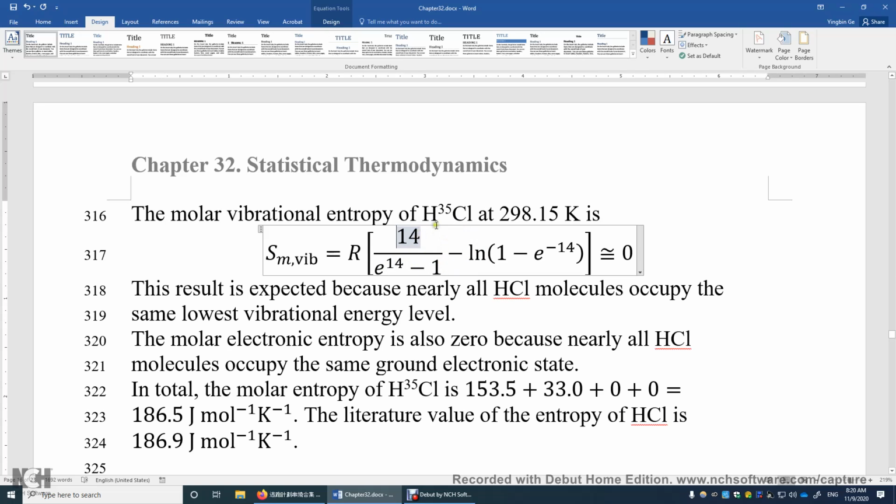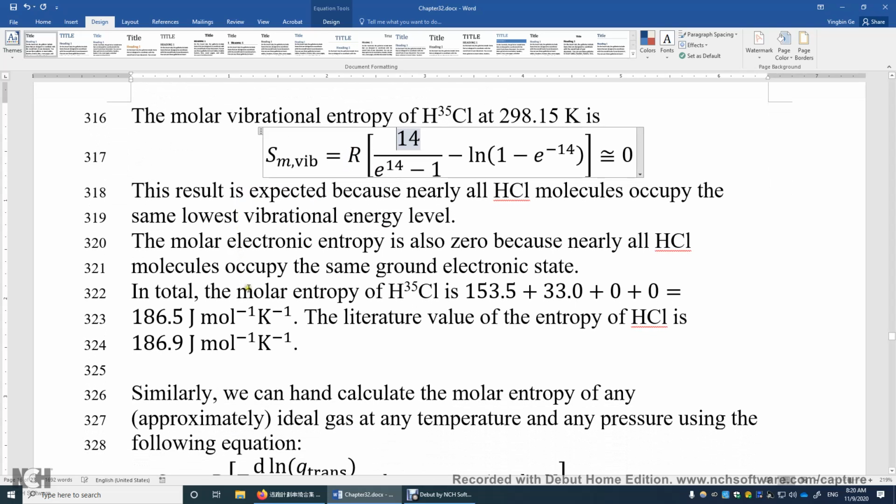No. It's roughly 0.6 here. And then 1 minus e to the power of negative 1. Again, this is non-zero. So in that situation, if h nu is close to kBT, you need to calculate the molar vibrational entropy. And it's not 0. It's significant. The molar vibrational entropy is significant for the vibrational modes with small wave numbers.